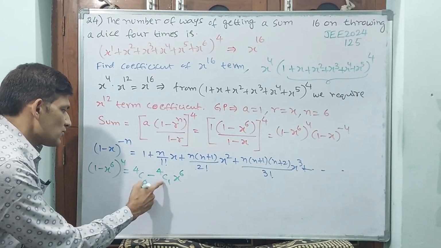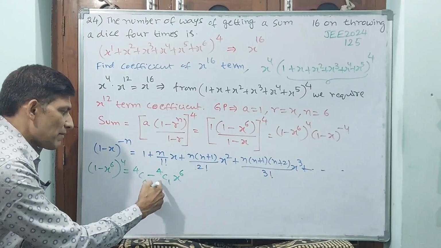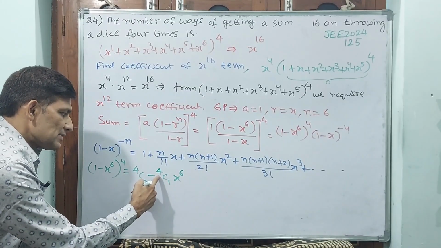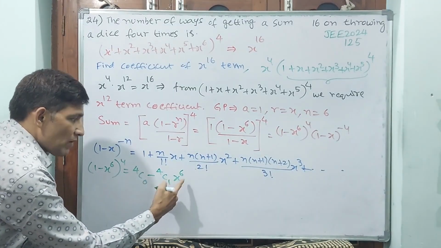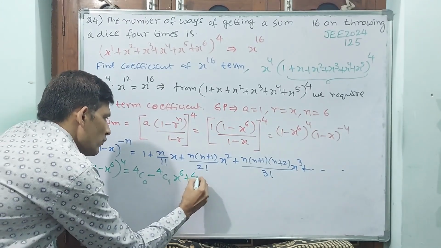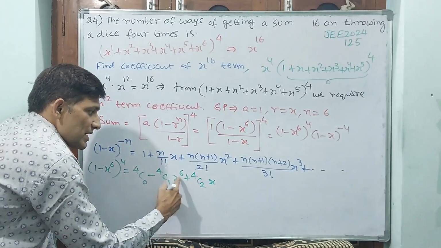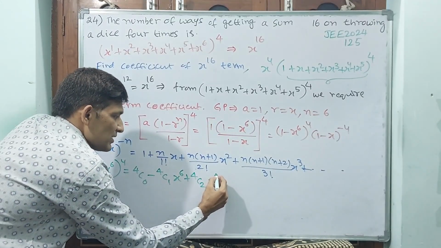4c0 minus 4c1 and x to the power of 6. Now plus 4c2 x to the power of 2 is there, 6 power 2, that means 12.